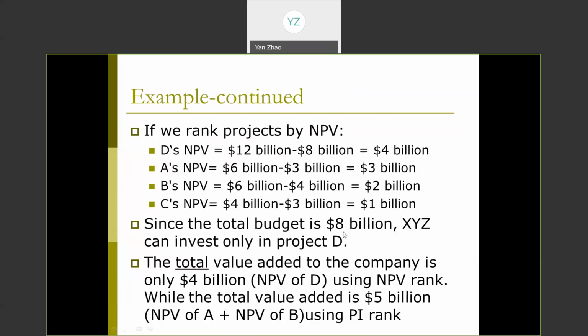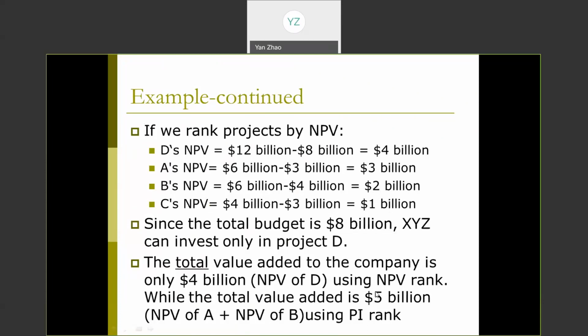If we use all the $8 billion budget on Project D, we are going to have a net present value of $4 billion. But compared to the combination of A and B, $3 and $2 billion, if we follow the profitability index selection tool, doing projects A and B together will generate $5 billion net present value for the company.